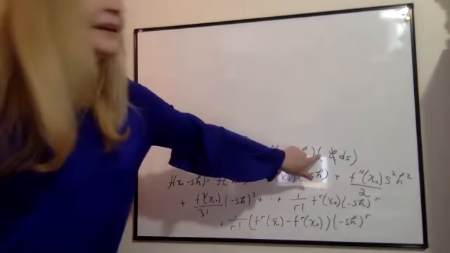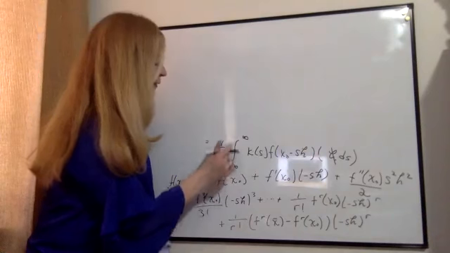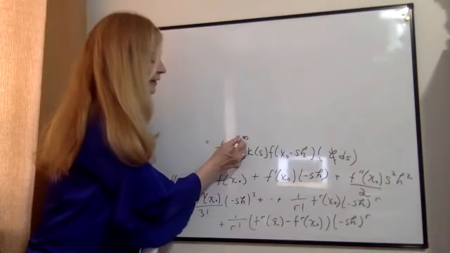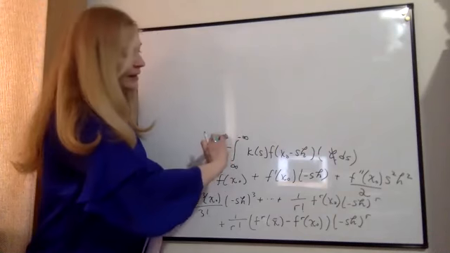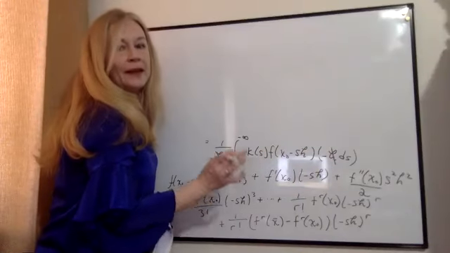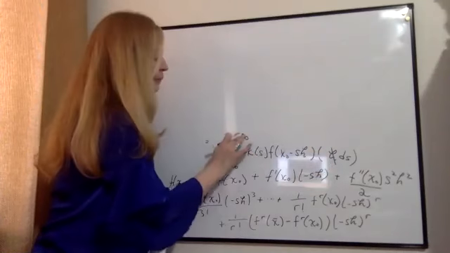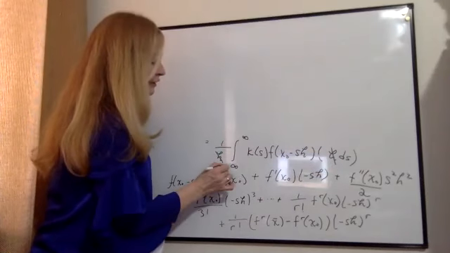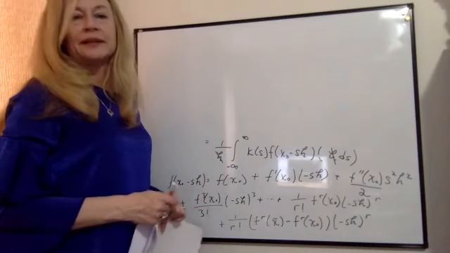Oh, there was a minus sign, you're right. There used to be a minus sign, but I had the limits of integration like this, because we had to change the limits of integration. And then we can do away with this minus sign and put back the limits of integration. Okay, that's what happened with the minus sign.